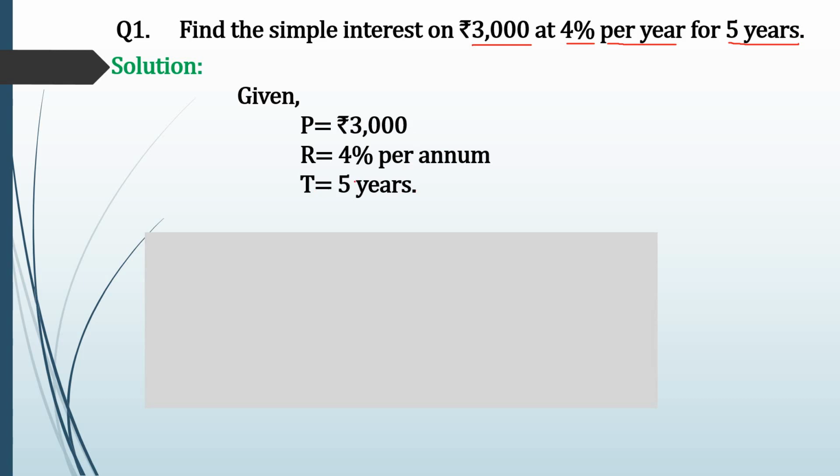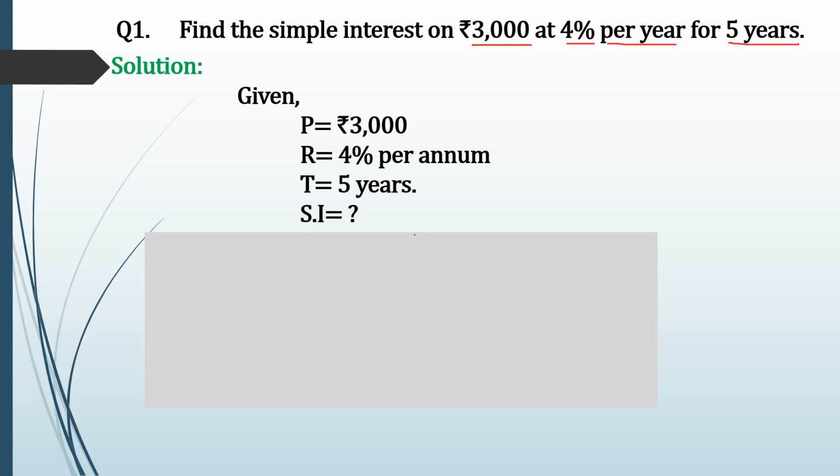Always remember the time has to be based on the rate. So here it is per year, so time is also per year. If the time is not given in years and is in some other units like months or days, then we have to convert according to the time given in the rate. Is that clear, students? Now what are we asked to find? We are asked to find simple interest.